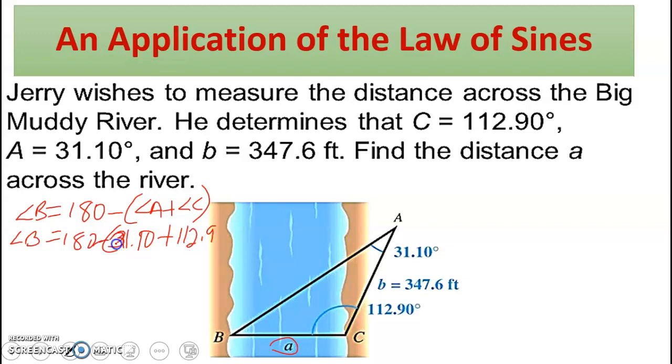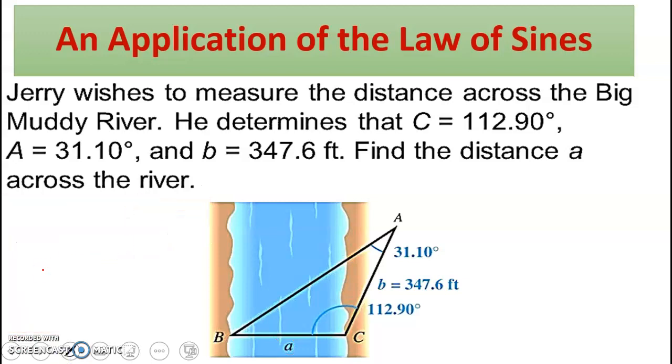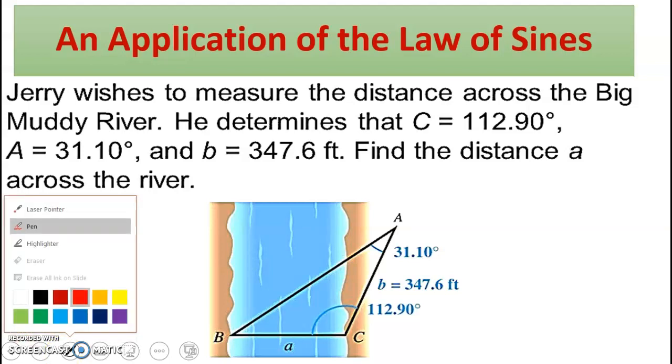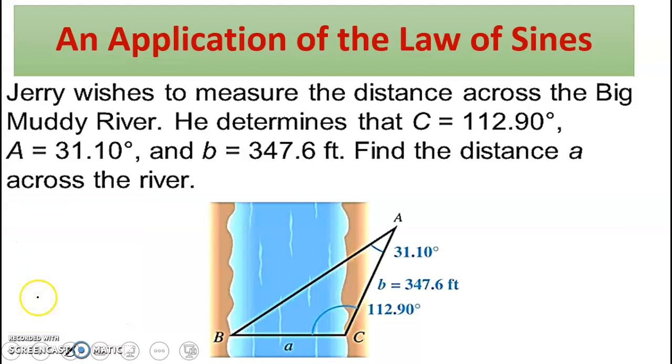Sorry, that's messy. Okay, angle B is going to be 180 minus, I've added those two numbers together, they come to 144. So angle B is going to be 36.